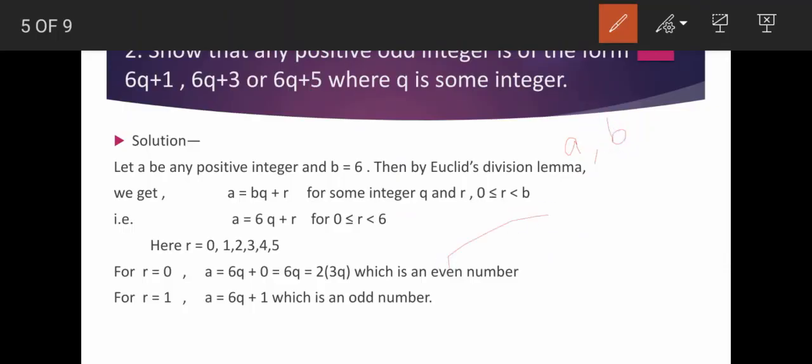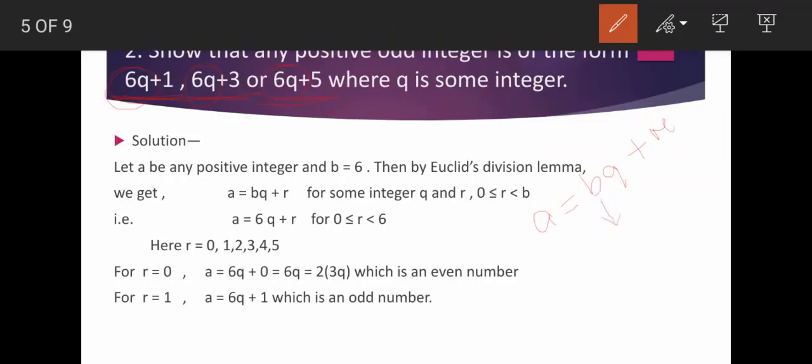Now, as we can observe here, in these numbers 6q plus 1, 6q plus 3 and 6q plus 5, 6q is a constant value. That is why we can relate a and b in this way: a equals bq plus r.